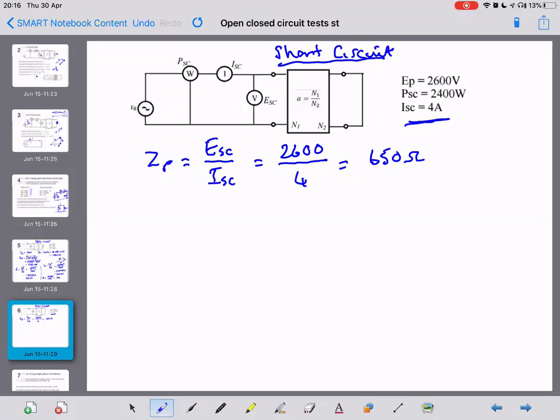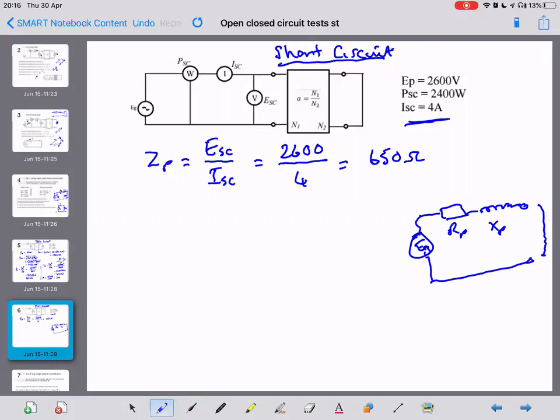Because what we're trying to do here, if this is our simplified model, is find RP and XP, the total loss components, so that we can then connect our load across these terminals and do an analysis.